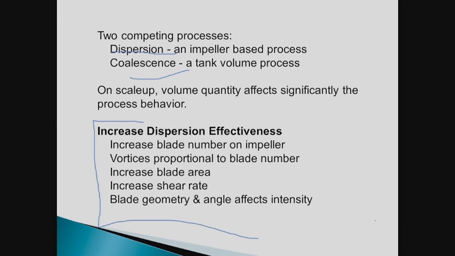Increase the blade number. Aha! There you go. Vortices are proportional. Blade area goes up. Shear rates go up. Impeller geometry. Well, we did this. And basically, we did this for our gas dispersion operations.